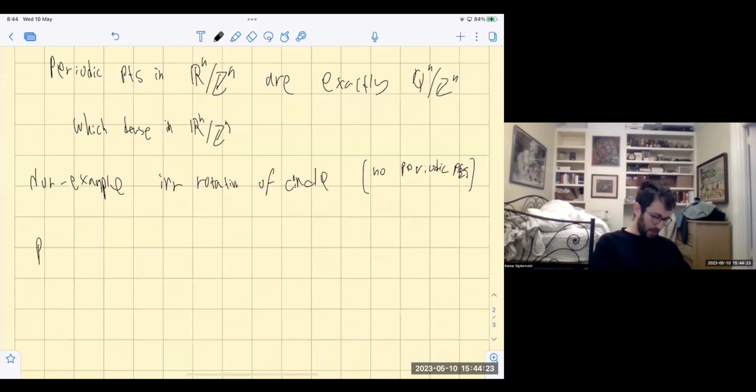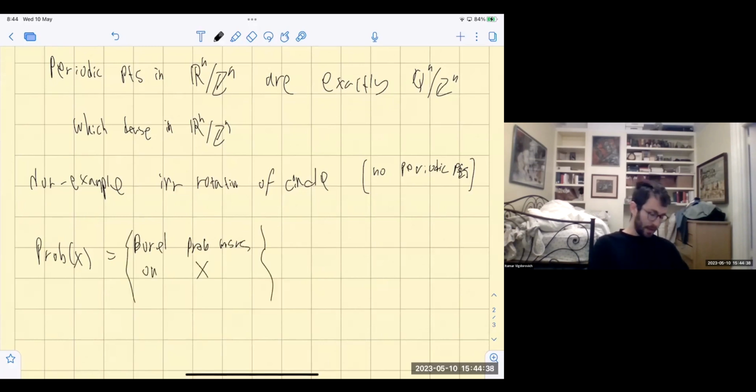So when I use this notation, I always mean Borel probability measures on X. Okay, this is my notation. And when I use this one, I mean the probability measures which are fixed by G, in other words, G-invariant Borel probability measures.